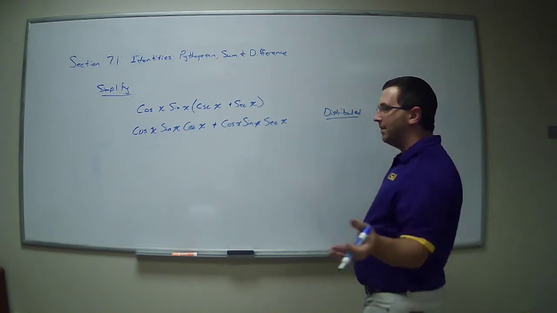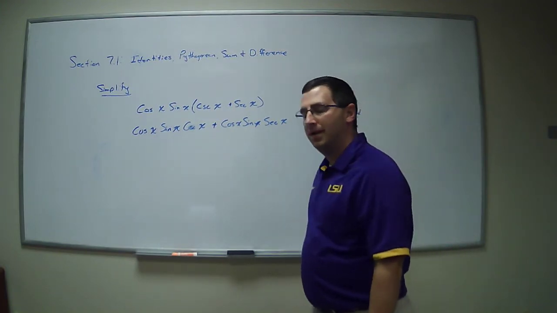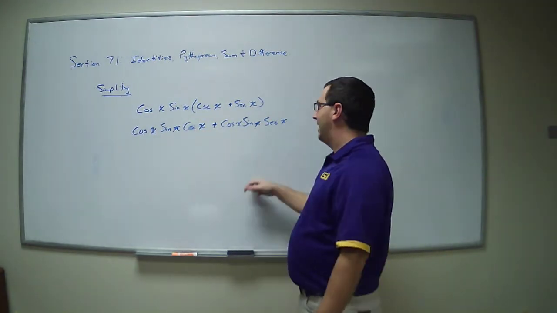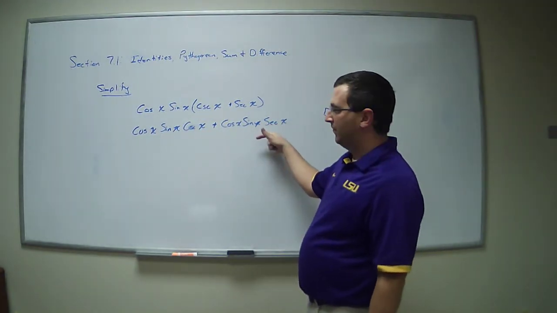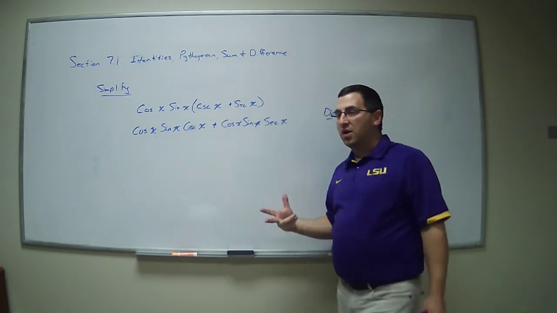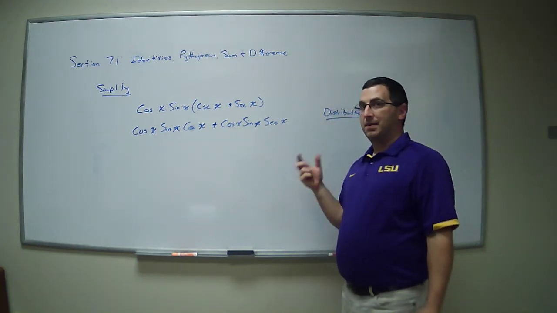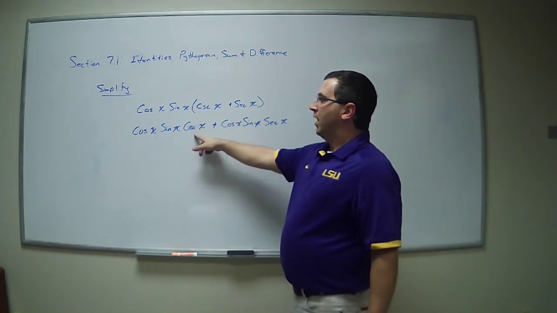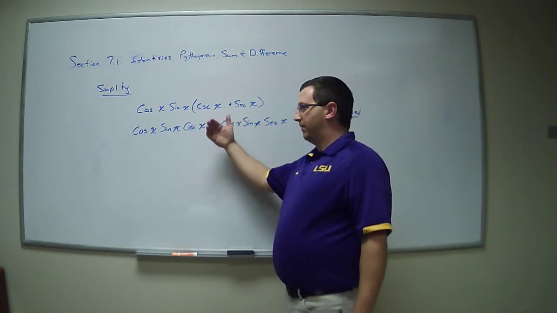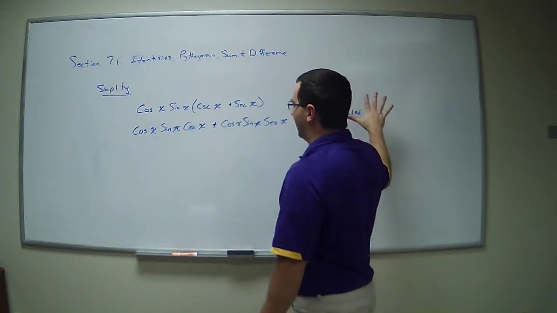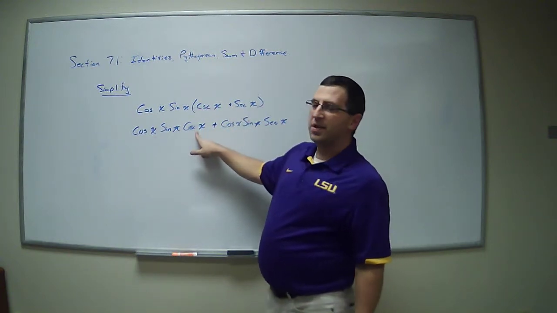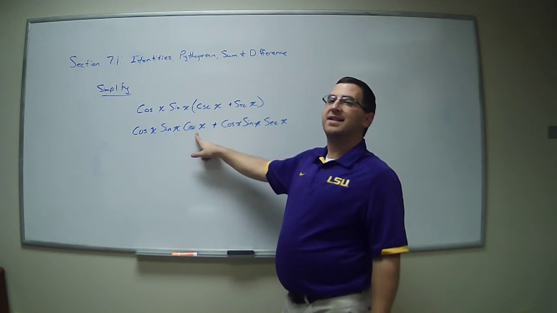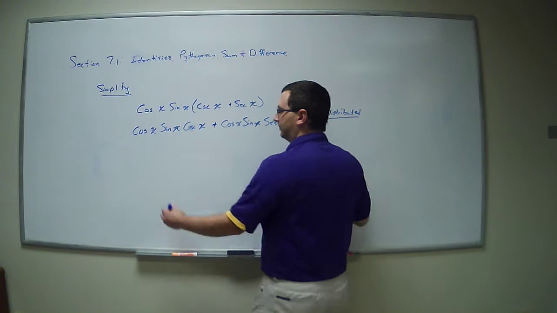But, hang on just a second. We know some reciprocal identities. Specifically, we can rewrite cosecant of x and secant of x. When we rewrite those guys, something magical is going to happen right afterwards. So, going back to a couple of minutes ago when I had all the identities written up, the reciprocal identity for cosecant of x is 1 over sine x.